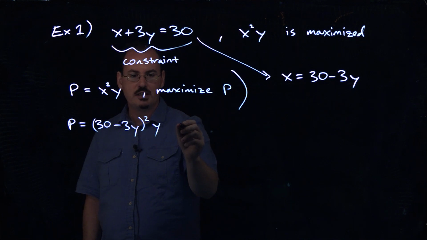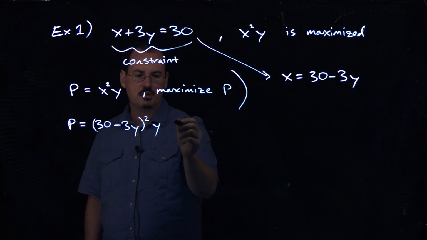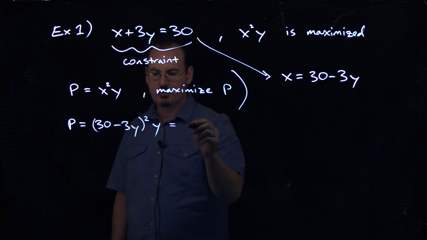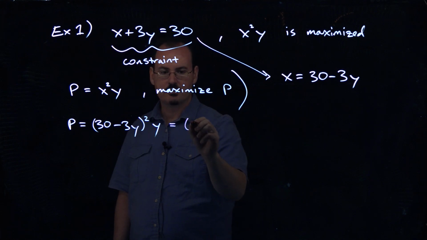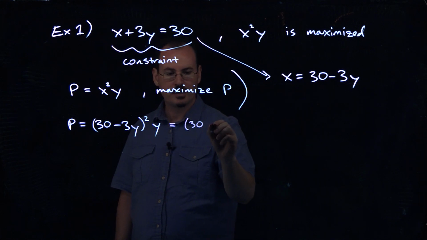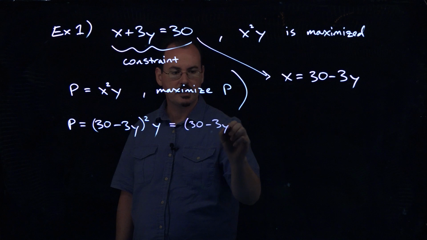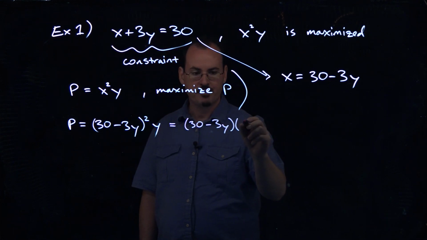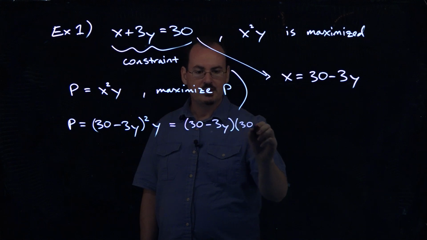To do that, we're going to need the derivative. The easiest way, I think, to find this derivative is to go ahead and expand this thing. Remember, this will be 30 minus 3y times itself. That's what squaring something is, so don't make the mistake of just squaring the first and the last one and subtracting them. Squaring something means to do this.